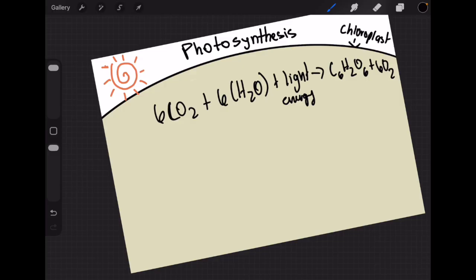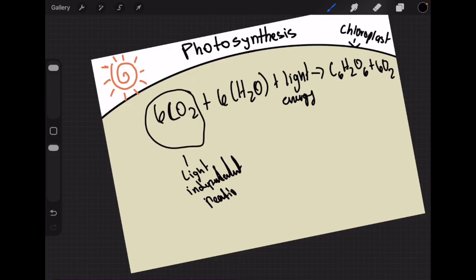formula for photosynthesis. We're going to use this carbon dioxide in the light independent reactions. Independent, that's spelled wrong, but it's okay. Reactions, and then we're going to use H2O for our light dependent reactions.